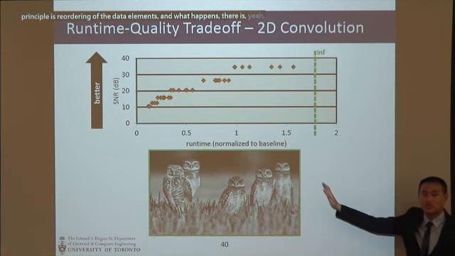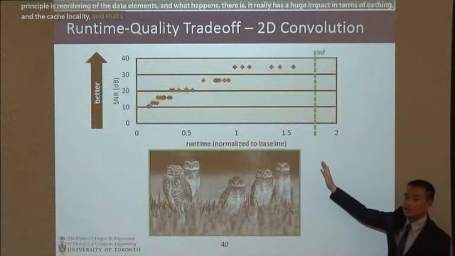And this is simply because we're running this in real hardware as a fair comparison, but I told you that the fundamental principle is reordering of the data elements. And what happens there is it really has a huge impact in terms of caching and cache locality. And that's where that huge loss is. But the good news is it's highly deterministic.